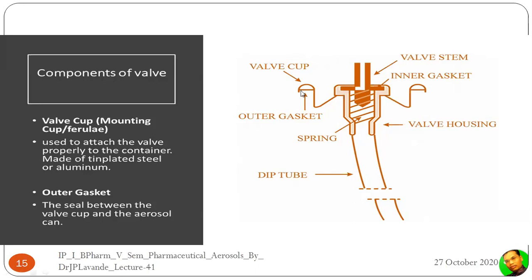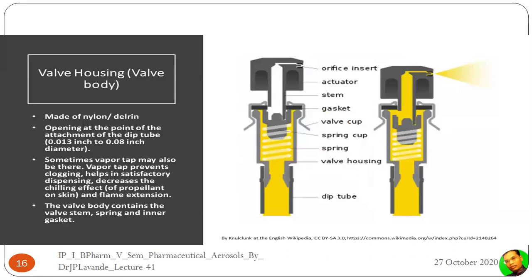Then there is an outer gasket. This outer gasket forms the seal between the valve cup and the aerosol can. Then the valve housing or the valve body. The valve body is made up of nylon or Delrin.